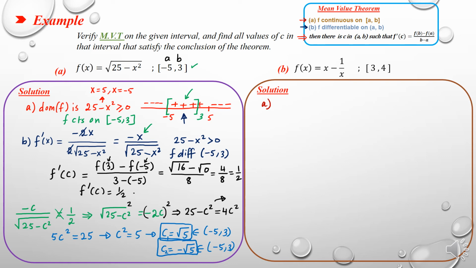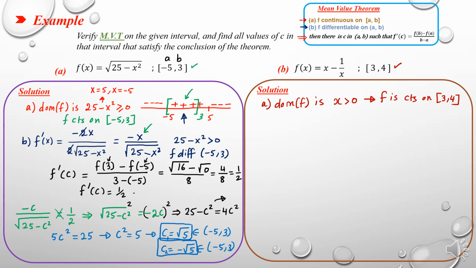The second term is a rational function, so the domain of our function f is x greater than 0. In our interval all the values from 3 to 4 are greater than 0, so we can conclude that f is continuous in the closed interval from 3 to 4.